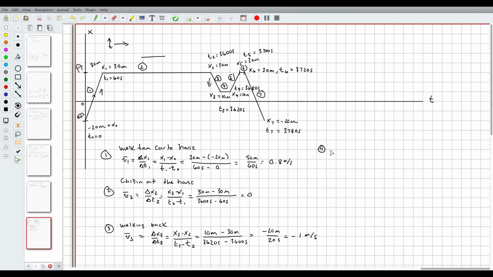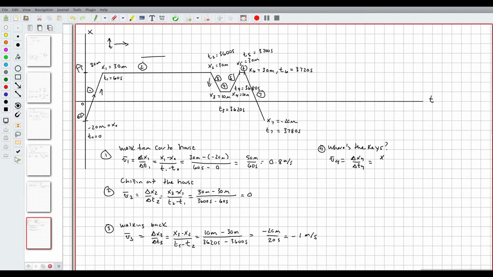Part 4. That has us patting our pockets and looking for the keys, maybe in our jacket, trying to figure out what's going on. Where's the keys, man? So part 4, average velocity of 4, is delta x4 over delta t4.